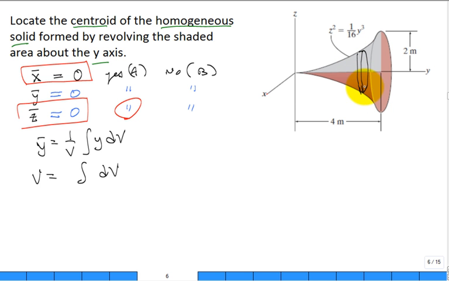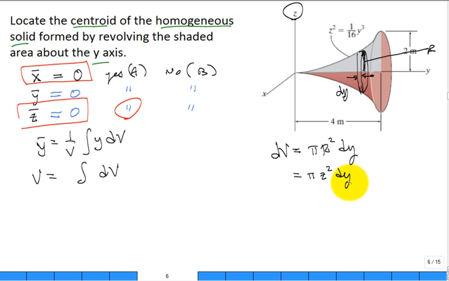If that disk has a uniform radius r and a thin thickness dy, what is the little volume of that disk? Isn't it pi r squared dy? And what exactly was r? That's like the height, or in this case, it would be z. So it's equal to pi z squared dy.